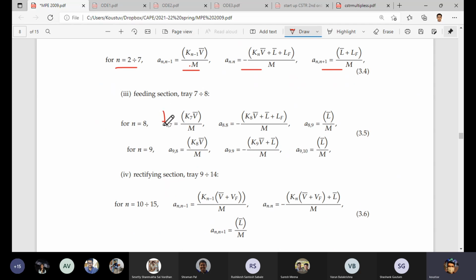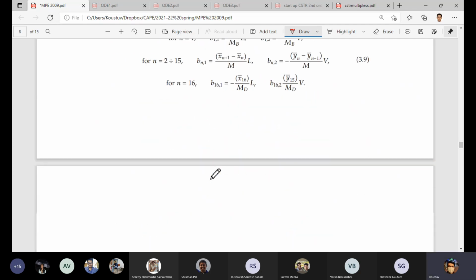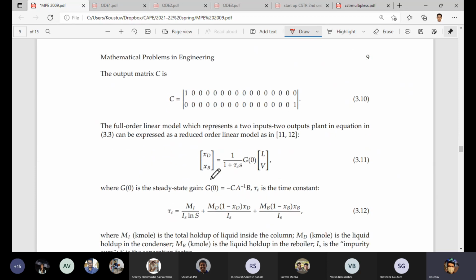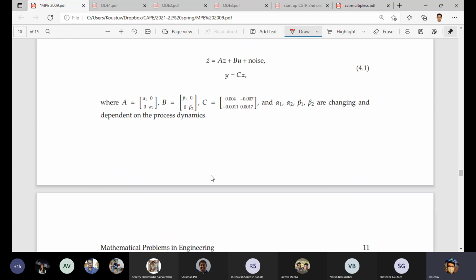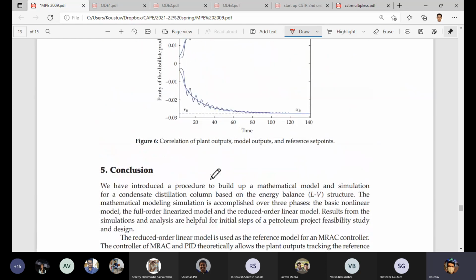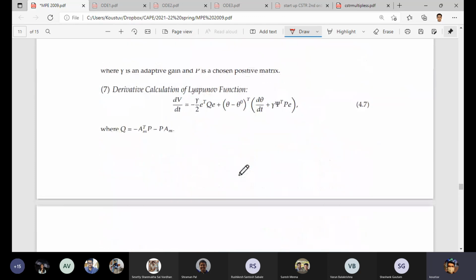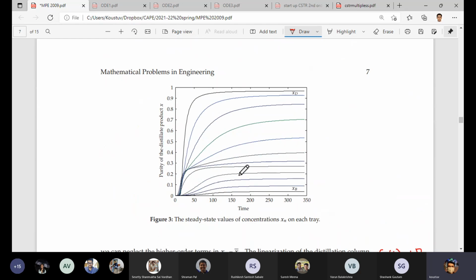This small a is nothing but the coefficients or elements in that big A matrix. In this way, if you do the analysis and look at the plot qualitatively, you will see that x and y change across each tray, and these are the results that we see.